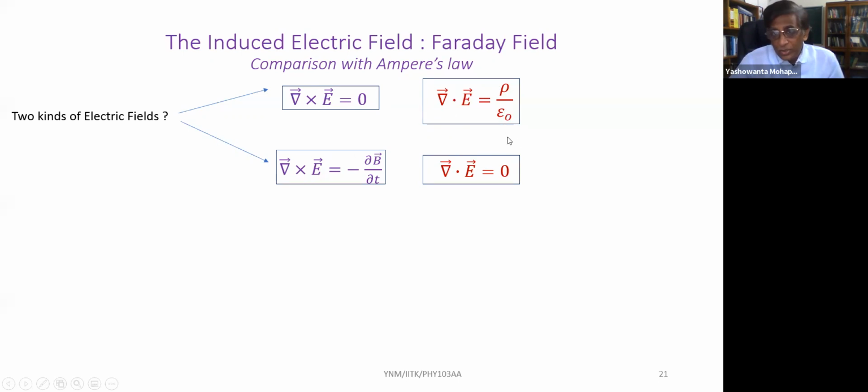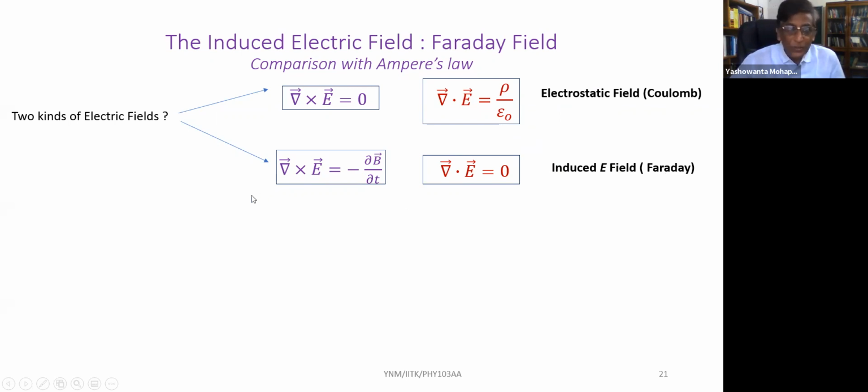So this is, of course, electrostatics: the electrostatic field and Coulomb's law, or Coulomb force. And this is the induced electric field. It has been induced by the changing magnetic field, and hence we call it the induced field. And this is Faraday's law, the true Faraday's law.